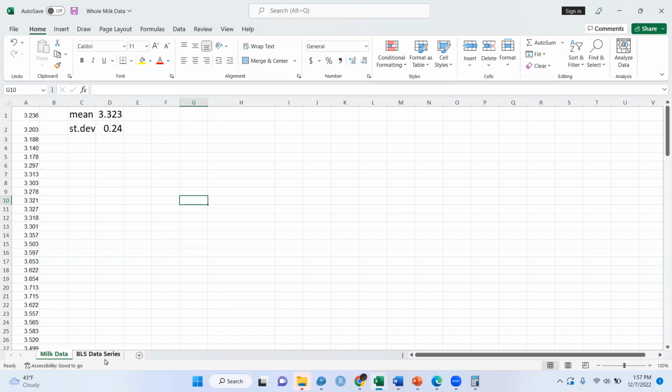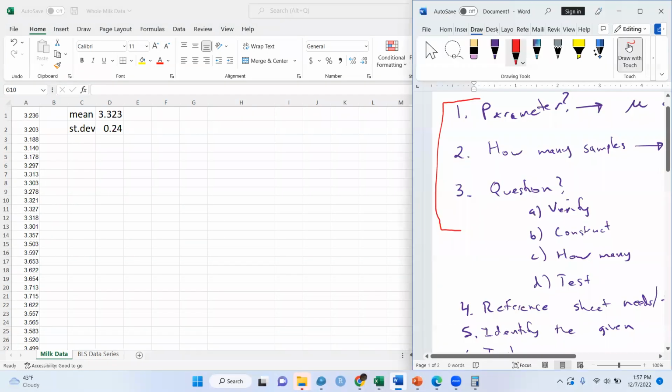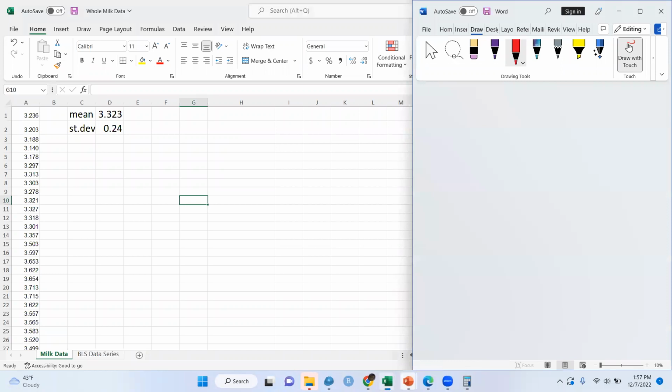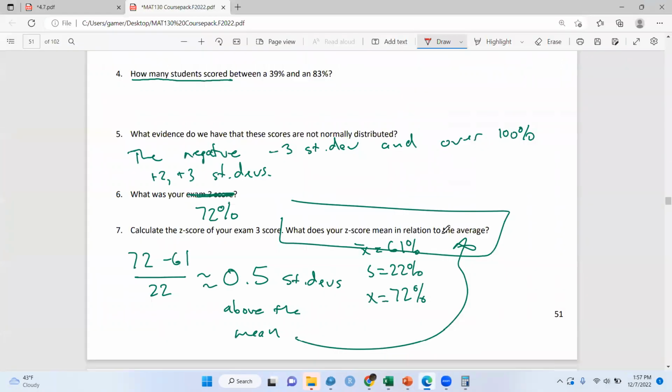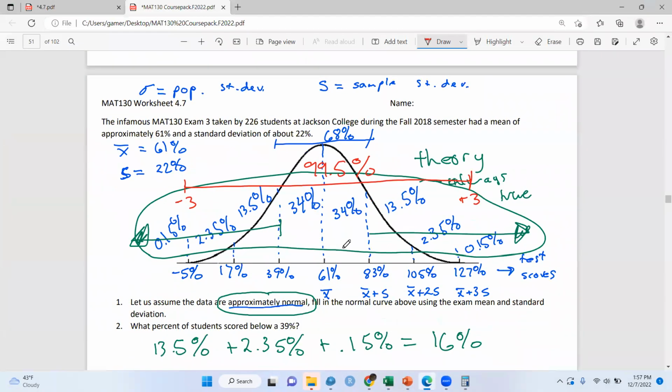And then you're going to draw this. Now, I've had students do it a bunch of different ways. I've had students do it by hand on a sheet of paper and then take a picture of that and upload it.